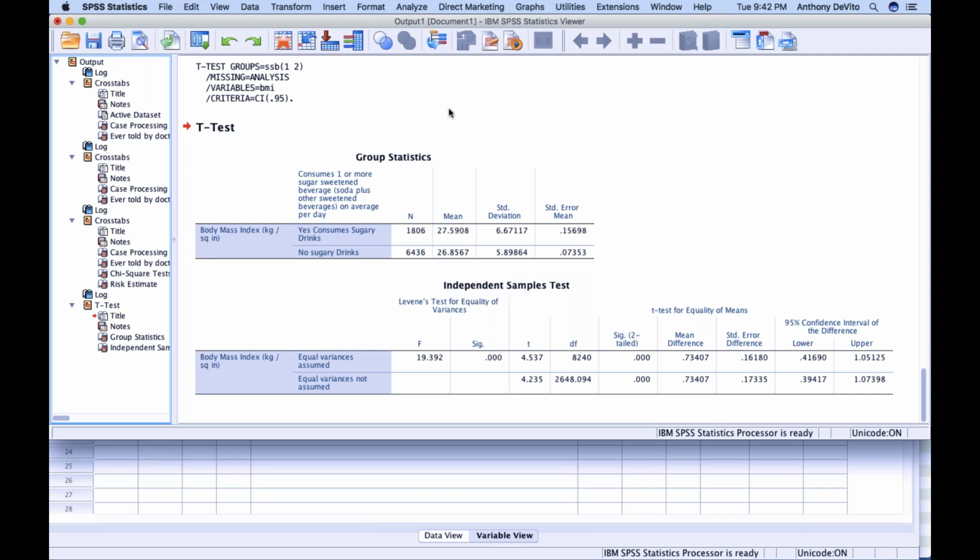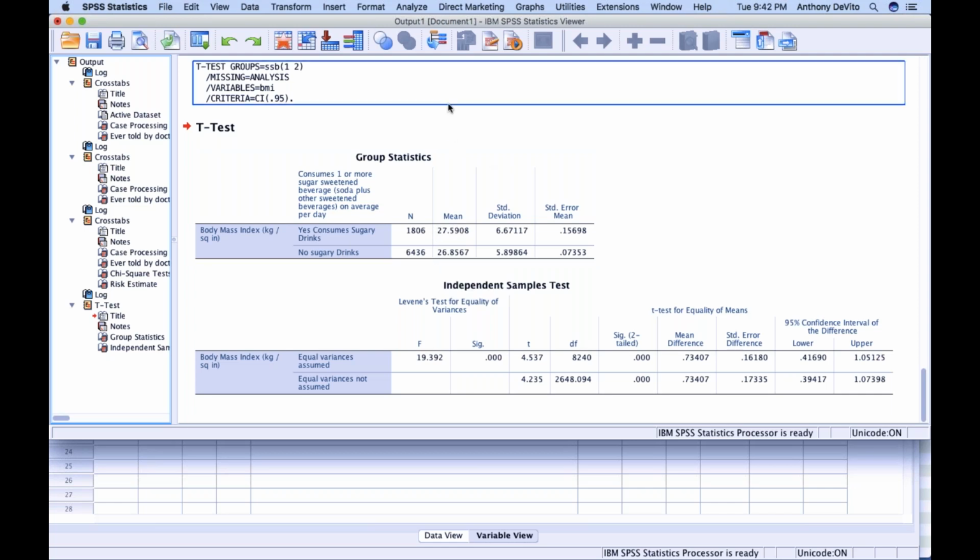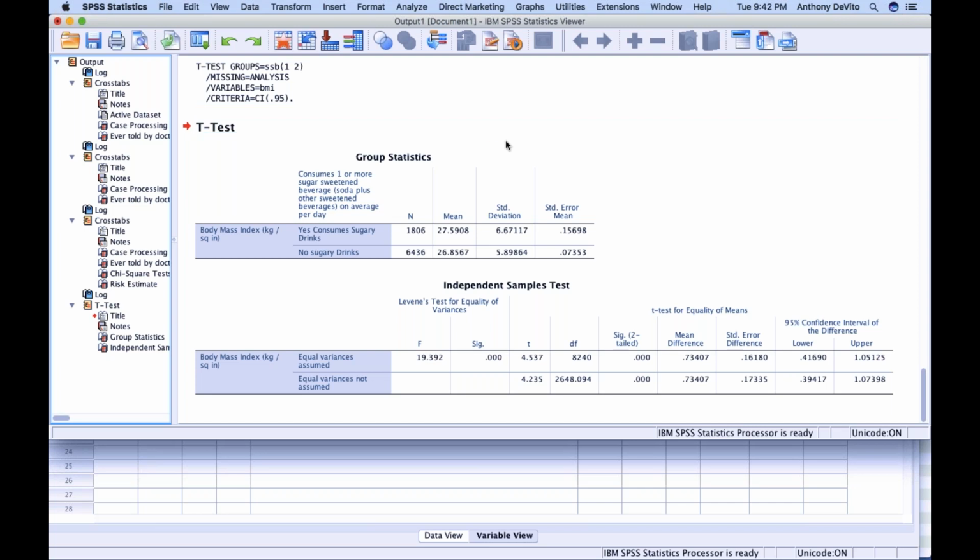Our null hypothesis is that the mean body mass index for people who drink sugary drinks, mu for people who drink sugary drinks, is equal to mu for people who don't drink sugary drinks. Our alternative hypothesis is that those two means are not equal. Well, I can see there's a difference in the mean here. Is it big enough to say that difference is statistically significant?